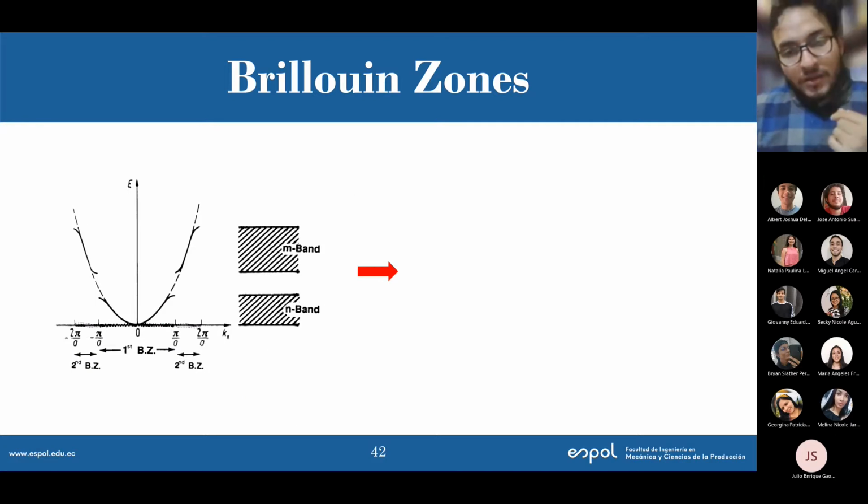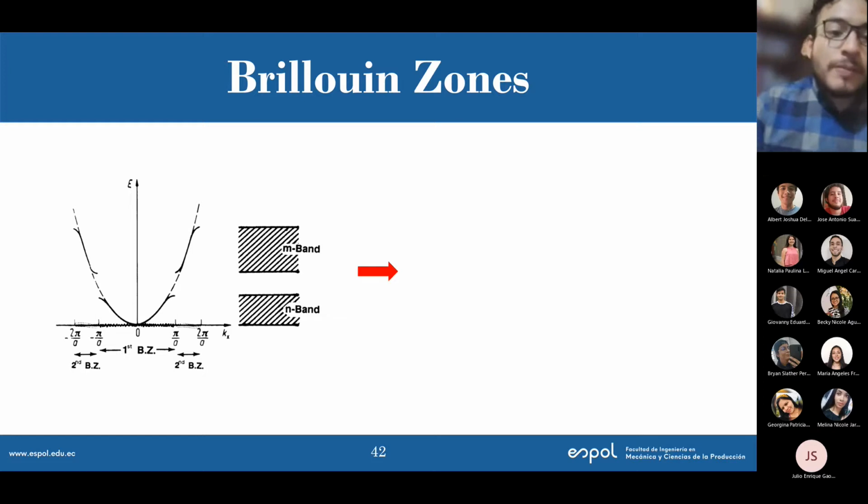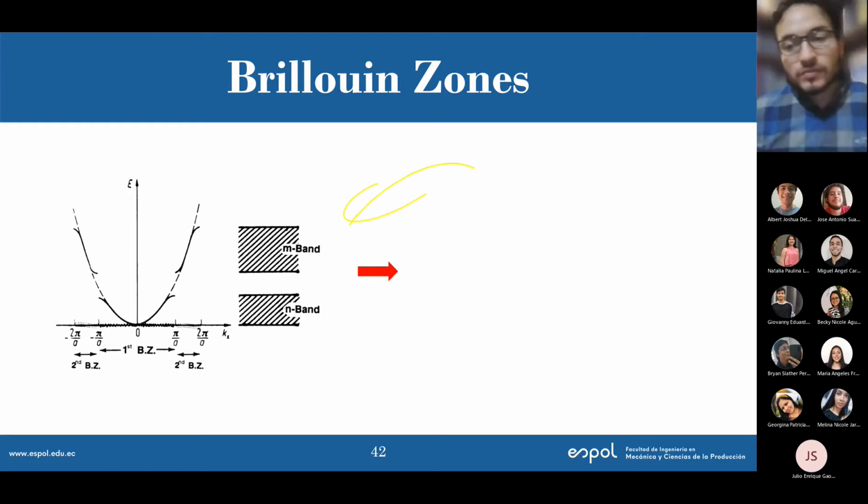If you remember this, we can have different Brillouin zones: the first, the second, the third, and we can have infinitely many Brillouin zones that will define infinitely many allowed energy bands, okay?